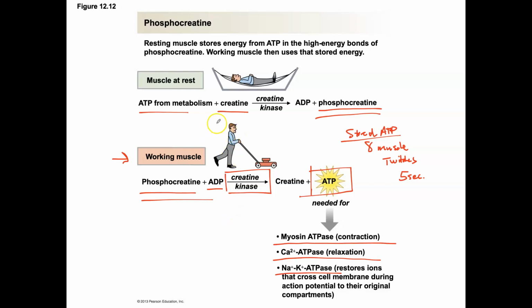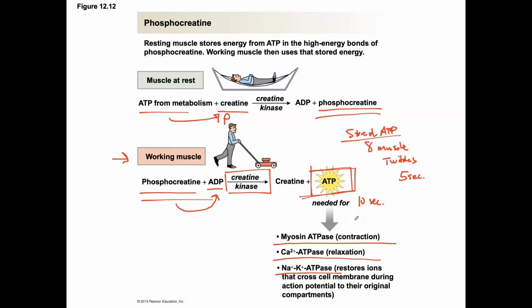So what we see is the enzyme essentially adding a phosphate if we're going to create the phosphocreatine, and essentially we're taking the phosphate away from the phosphocreatine so that it can be added back to ADP in order to produce ATP. Now, the amount of ATP that can be generated is only about 10 seconds worth.